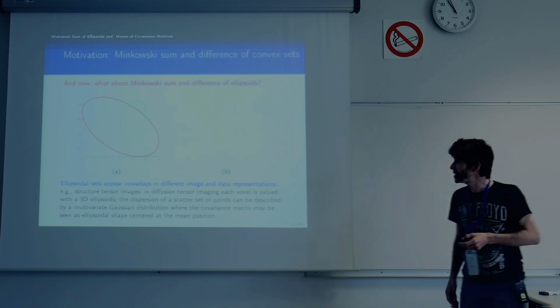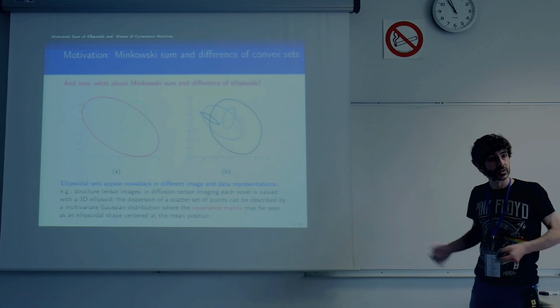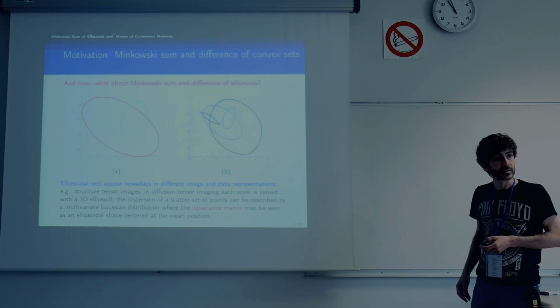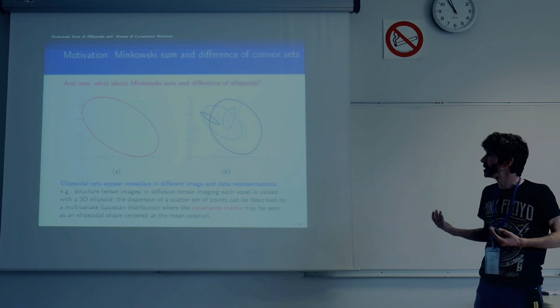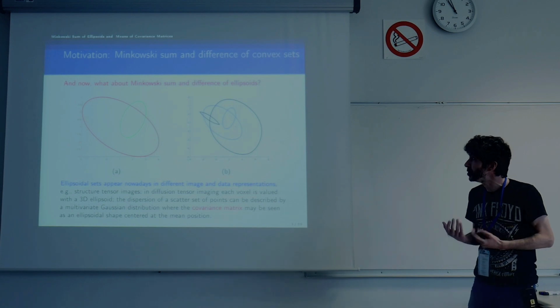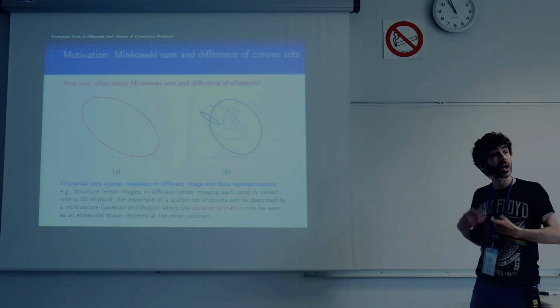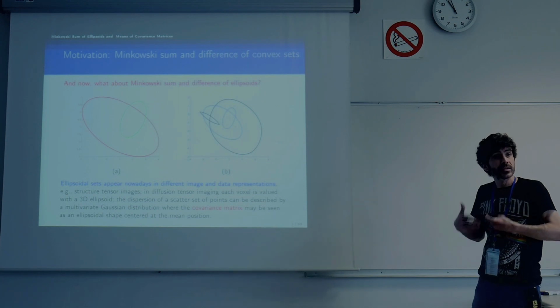Here you have two ellipses, and in fact you will of course obtain convex sets, but they are not ellipsoids. So why it is interesting to obtain an approximation to these convex sets which are still ellipsoids is because in many cases you would like to deal with this object.